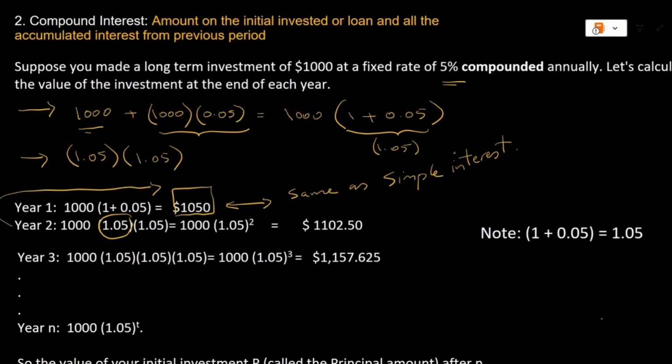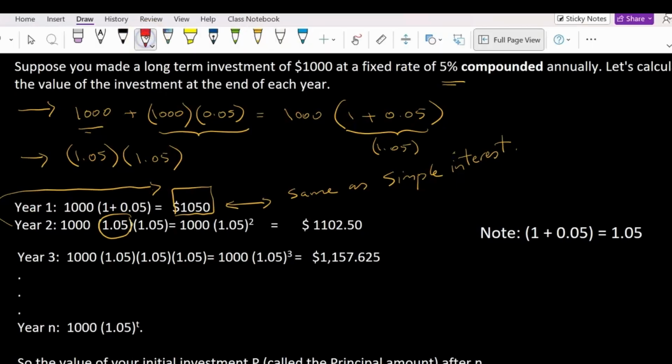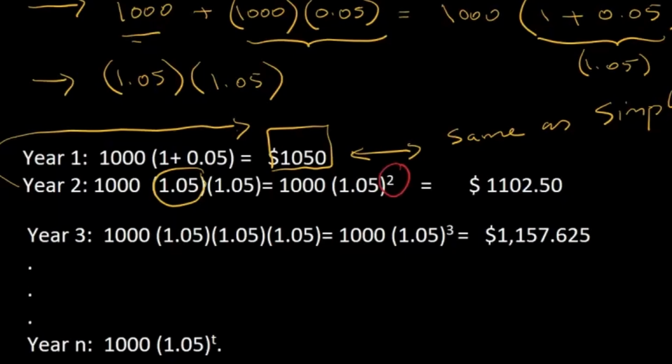And that is what makes compound interest very powerful in terms of growth. Now notice what is happening: we are using exponent laws. This is now a power of 2 because there are two 1.05s. You see that? There's one in here, one in there.